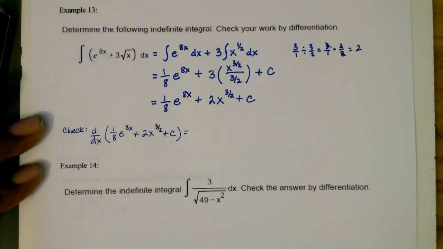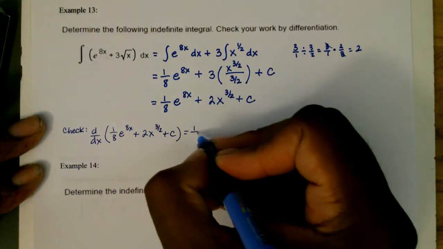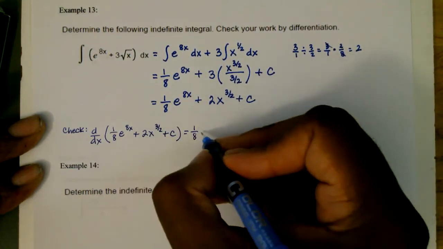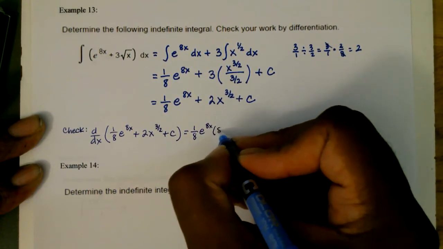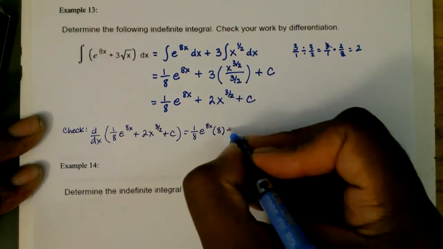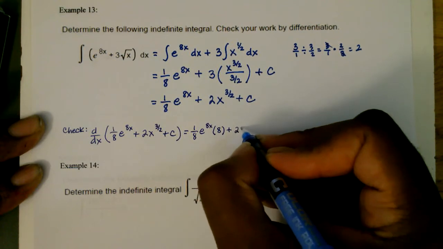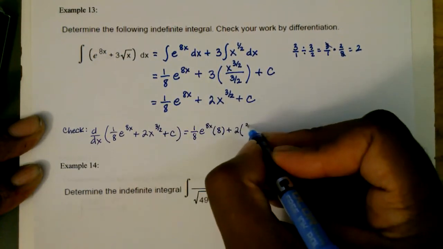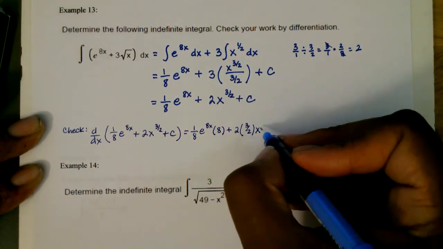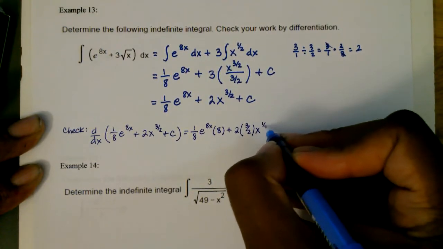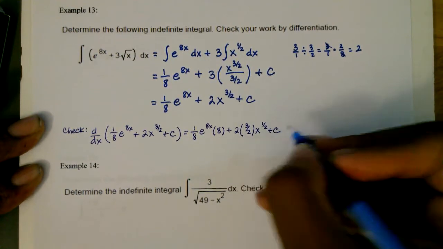All right, so if I take that derivative, bring over the 1/8, the derivative of e to the 8x will be e to the 8x times this inner derivative, which is 8 plus, if I bring down the 2, bring the 3/2 down, copy over the x to the 1 less power, 3/2 minus 1 whole will be 1/2 plus c.